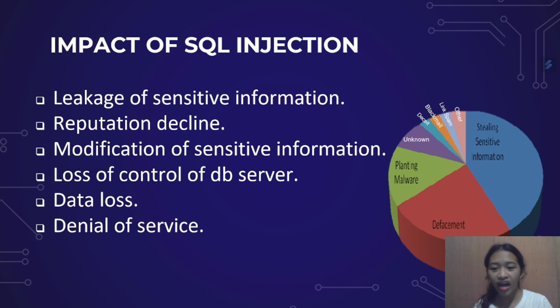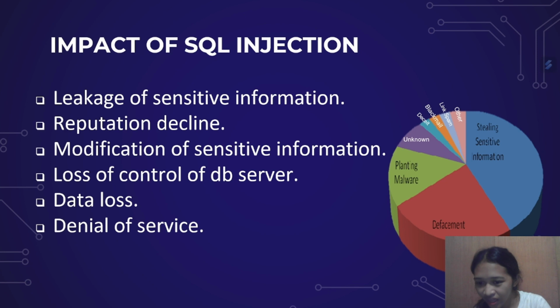Four, we have the loss of control of the database server. A SQL injection attack can allow an attacker to take control of a database server, giving them the ability to perform different malicious actions, like stealing data, modifying data, or even deleting the entire database.